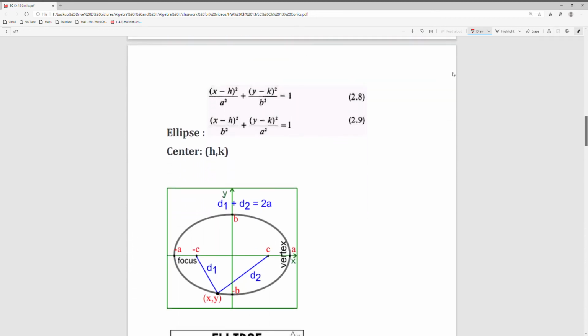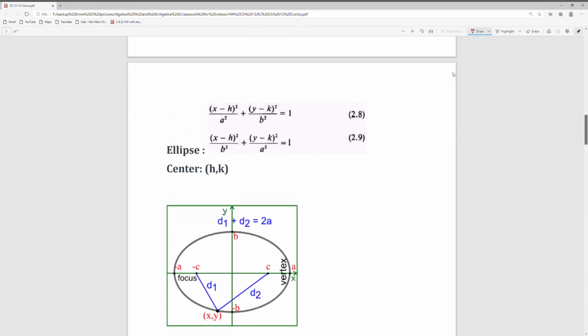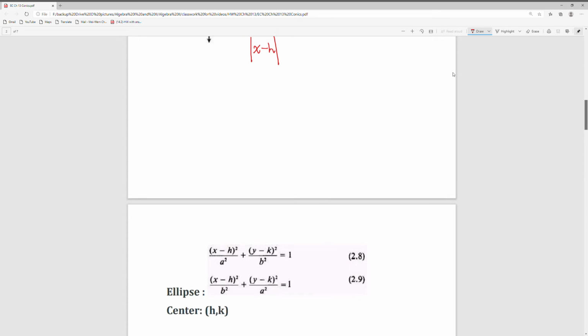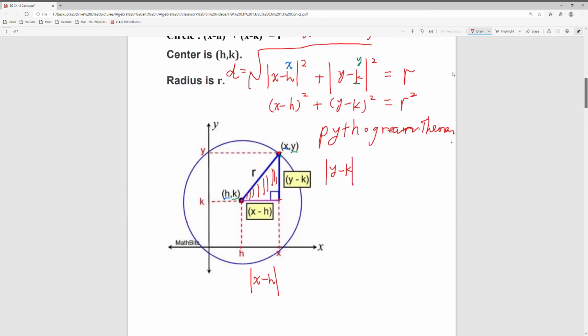Now next we have an ellipse. An ellipse is some kind of unbalanced circle. So the formula is similar to the circle. Okay, x minus h, y minus k, but we want to adjust because the radius is not always the same.